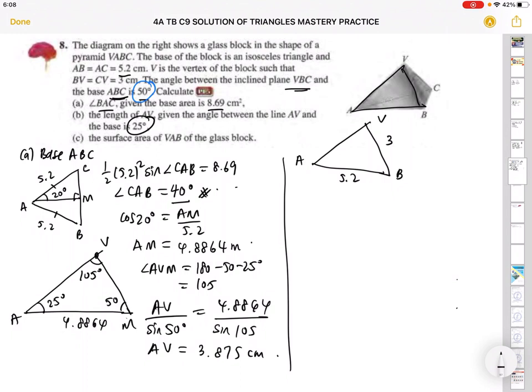So this is where we can use Heron's law. So take semi-perimeter, so 3 plus 3.875 plus 5.2 divided by 2, I got 6.0375. Okay, another problem, I can't fit this thing in. So how do I fit it in?